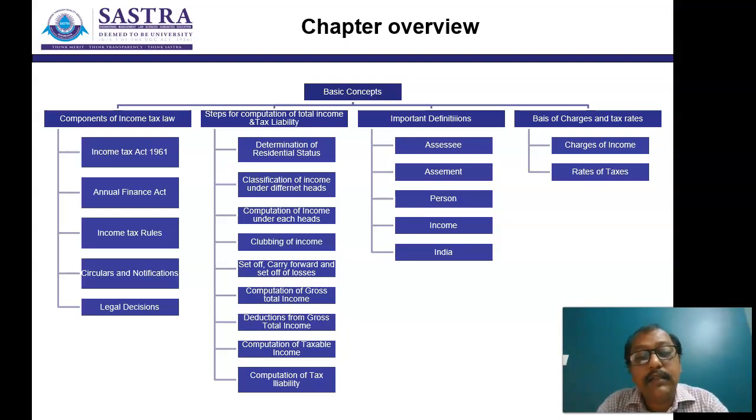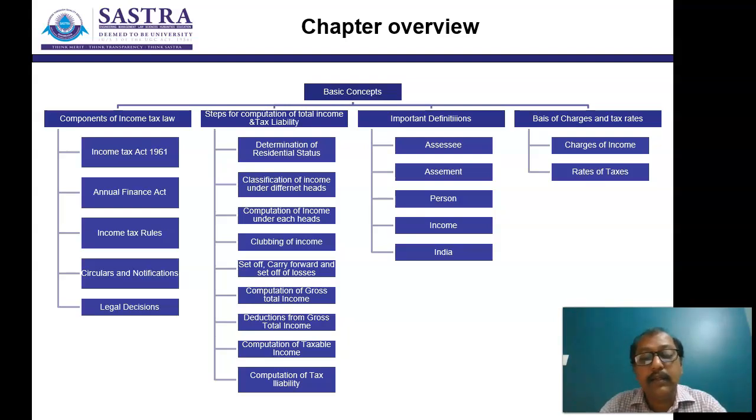Then, sixth step comes to arriving at the gross total income after adjusting for all the income and the losses or the extra income and all these things clubbed together. You will be arriving at the gross total income.